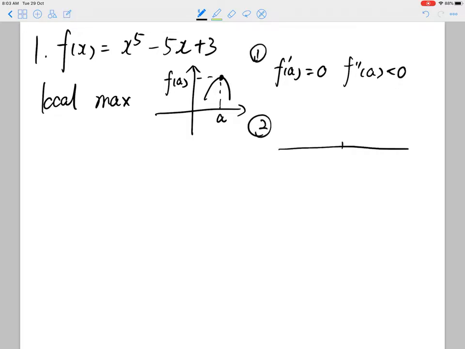The second method is that at this point A, the derivative is 0.